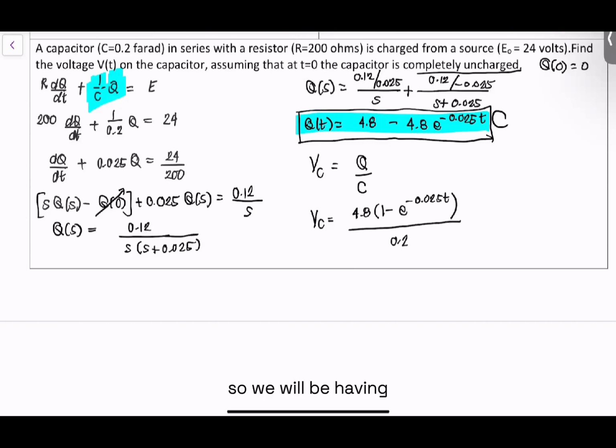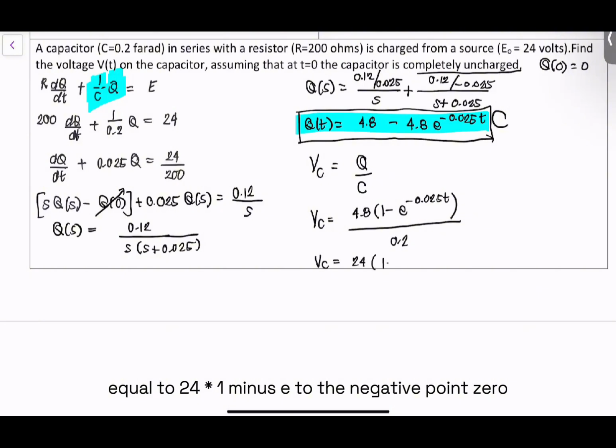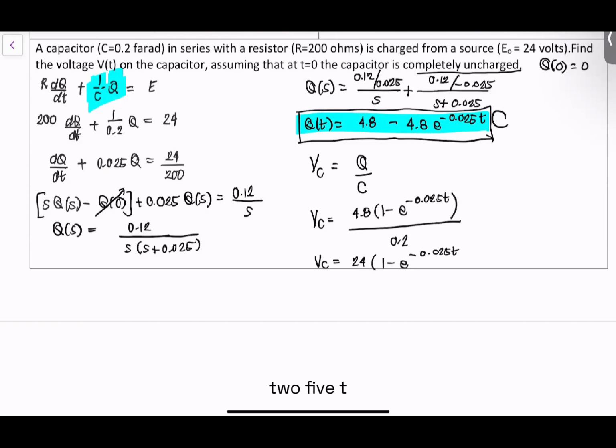So we will be having VC equal to 24 times 1 minus e to the negative 0.025t. So the unit is in volts. And that is the voltage in the capacitor at any time t.